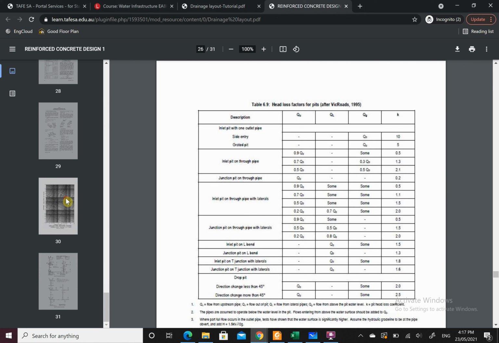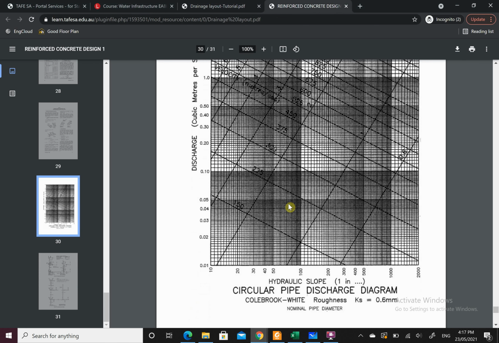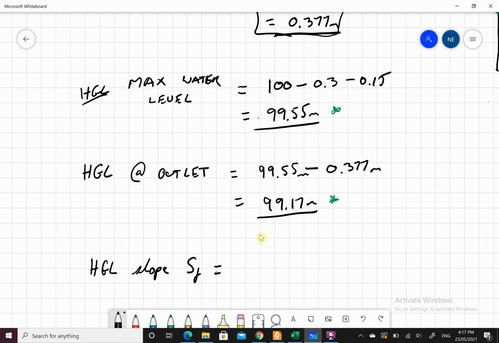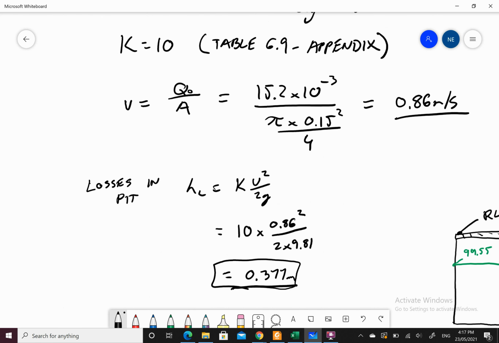Looking at our chart, it's not the clearest one in the world, but I have my velocity running this way, and pipe diameter running this way. So what have I worked out before? My pipe diameter is a 150 pipe, my velocity is 0.86.